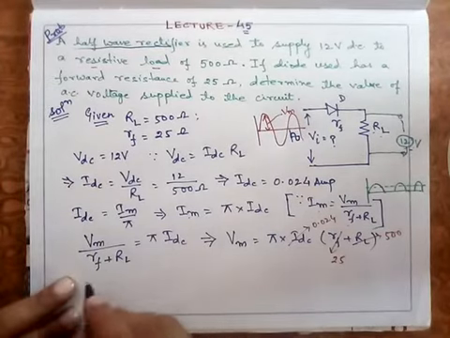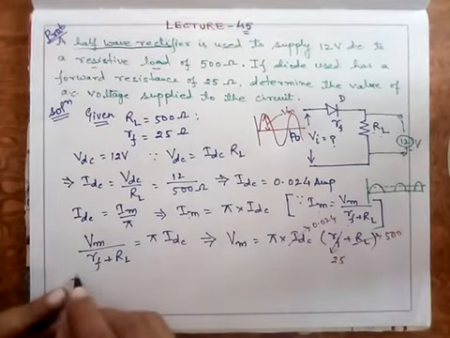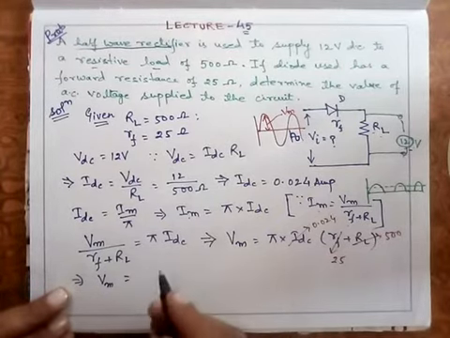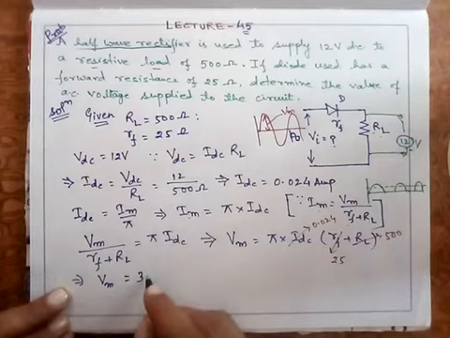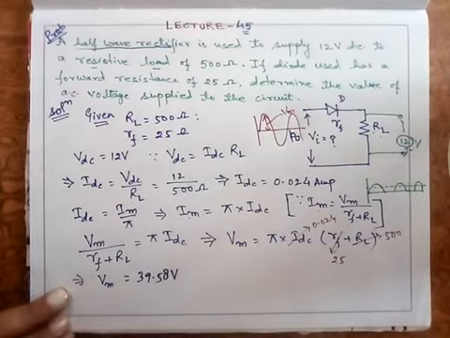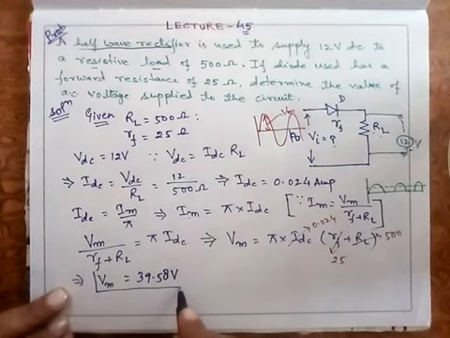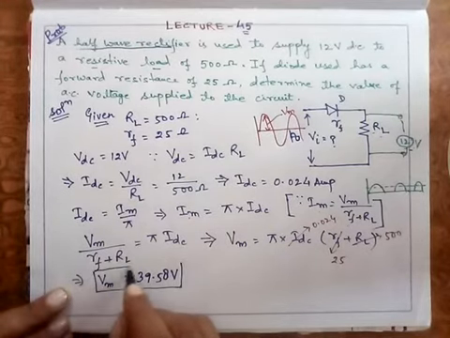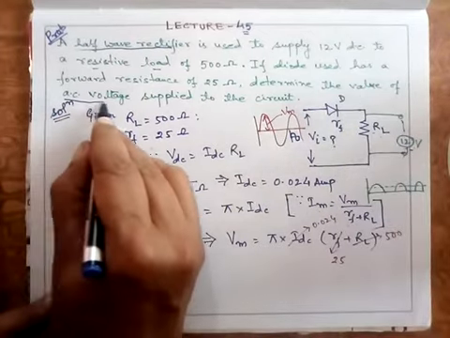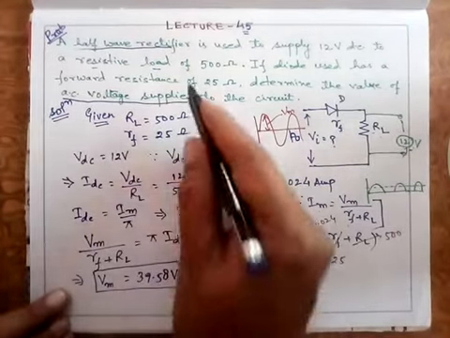From here, if I find the value of Vm, as per my calculation it is 39.58 volt. This is the value of Vm. But whenever it is asked to determine the value of AC voltage supplied, whenever AC is asked, it is in terms of RMS.